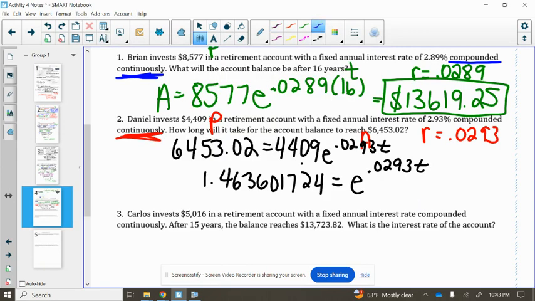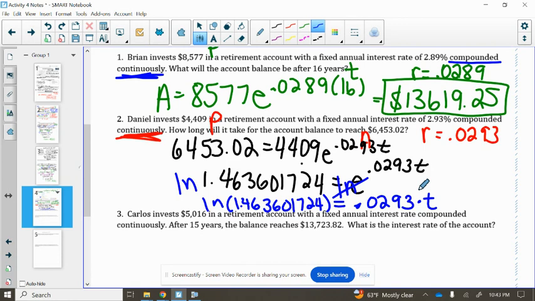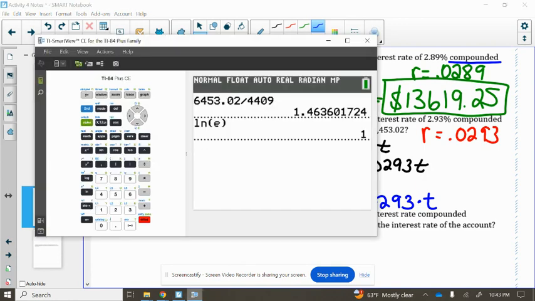So what we can do is take the natural log of both sides, because what happens is this cancels out. We're left with the ln of the 1.46 decimal, and that's going to now equal, since that canceled out, 0.0293 times t. So if we divide over that decimal, 0.0293, we'll get t by itself. So I could take ln of my 1.463, not ln twice, I only wanted that once.